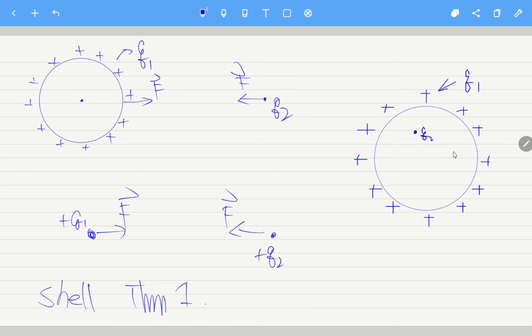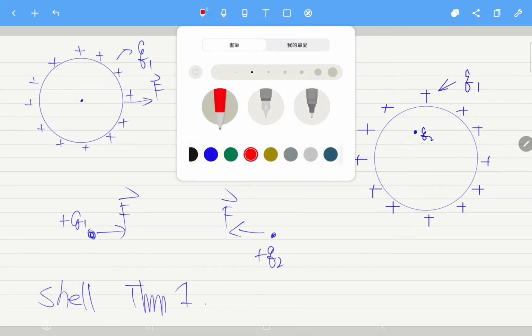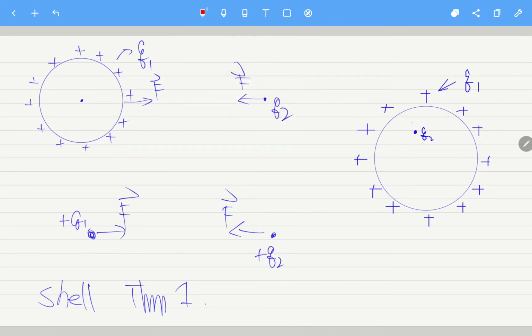You may simply imagine that this is the center. Maybe we can just connect this point, and then you can imagine the left side and the right side will cancel each other. It's not so obvious, but at least you can imagine that.